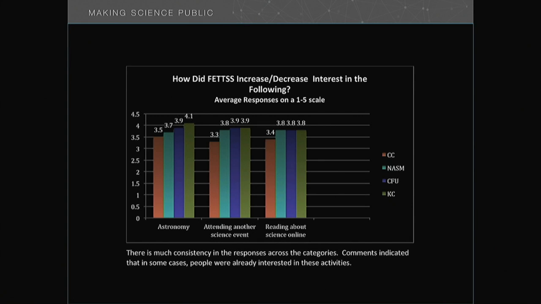The follow-up question was, how did this exhibit increase or decrease interest in, say, astronomy or attending another science event or reading about science online? And again, because we're not able to do a longitudinal study to see if their behaviors are actually changing, the best we can do in the short time that we have with them is to see if they think they might want to read more due to your exhibit, or if they might want to go online or attend another science event.